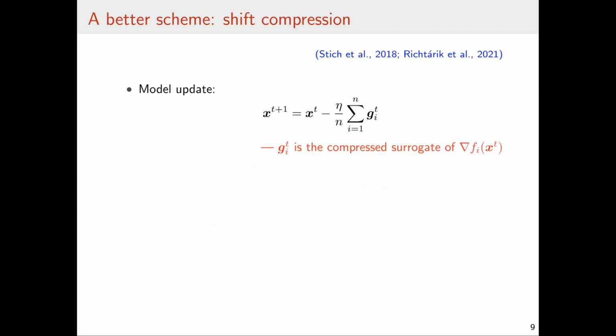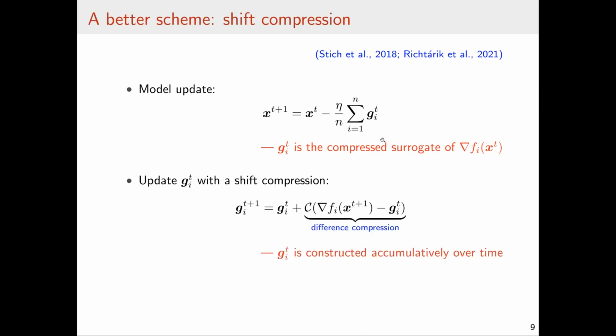In this approach, instead of using a direct compression of the local gradient, we design a surrogate of the local gradient, say these G_i^t, constructed from compressed messages stored at the parameter server. We update this surrogate using a difference compression scheme, where the next G_i is the previous G_i plus a compression of the difference between the current local gradient and the previous G_i.